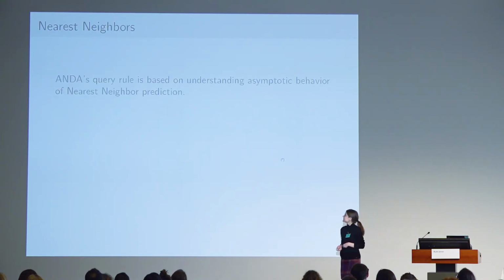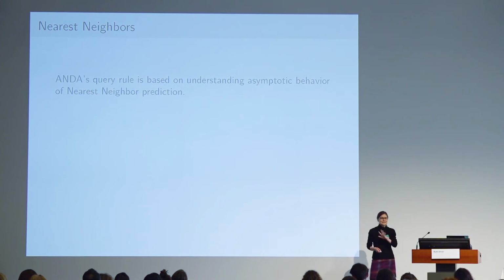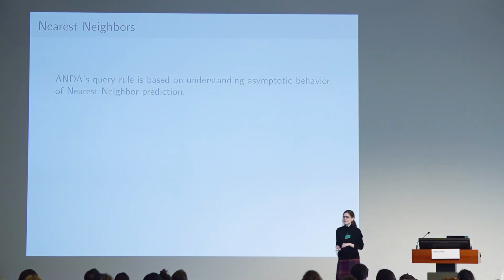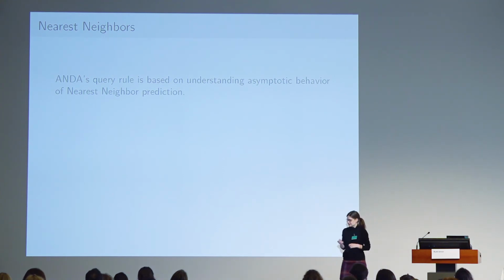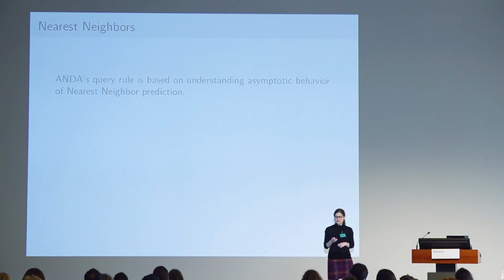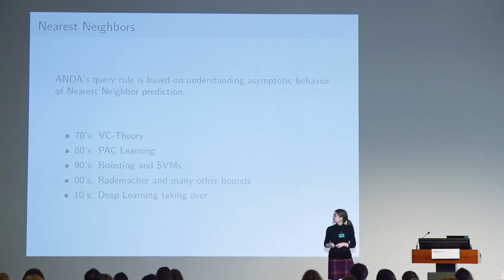Okay, so this is a very simple example of such a rule. And what it's based on is understanding the asymptotic behavior of how nearest neighbor prediction actually works. And this is what I left out in my little history tour of machine learning theory.